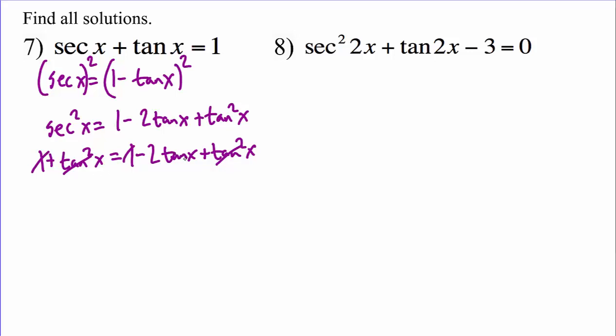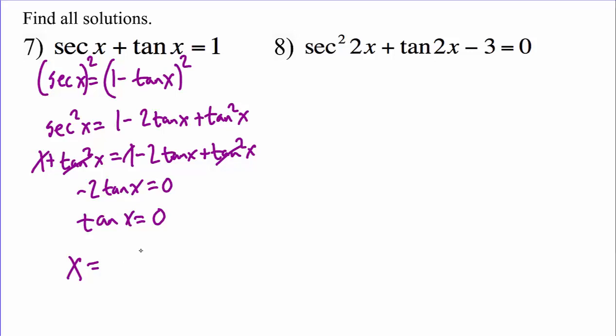So all we're left with is -2 tangent of x is equal to 0, or you could just simply think of it as just tangent of x equals 0. And then we just look at where that happens, and that happens only at one place, well, 2 places in the unit circle, but they're separated by exactly pi radians, because it happens at 0, it happens at pi.